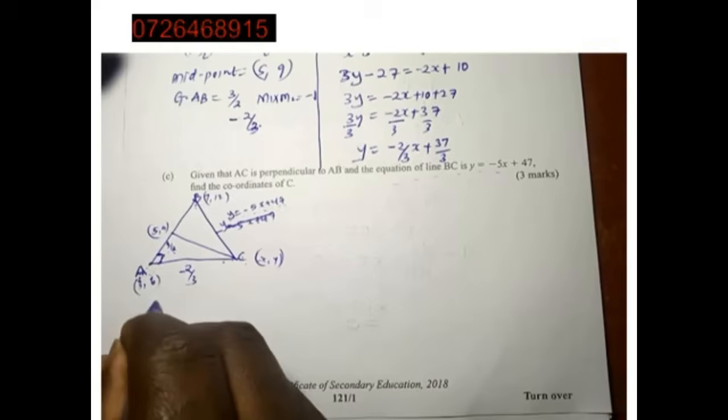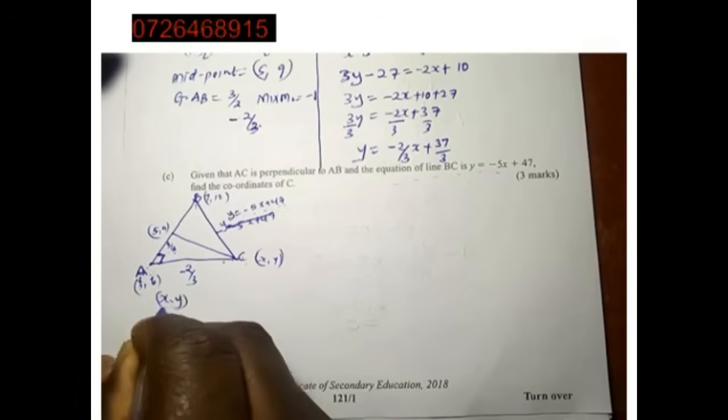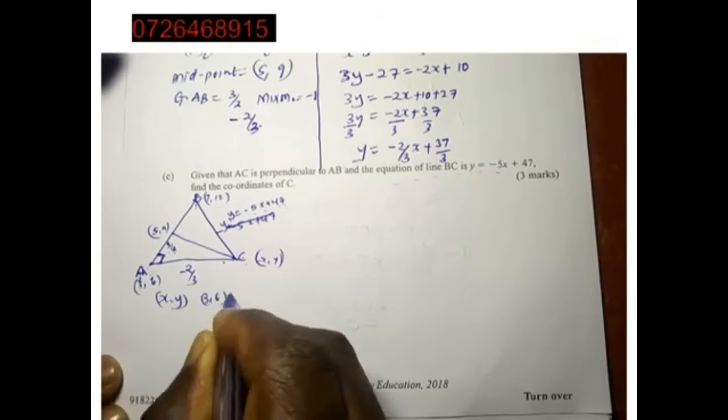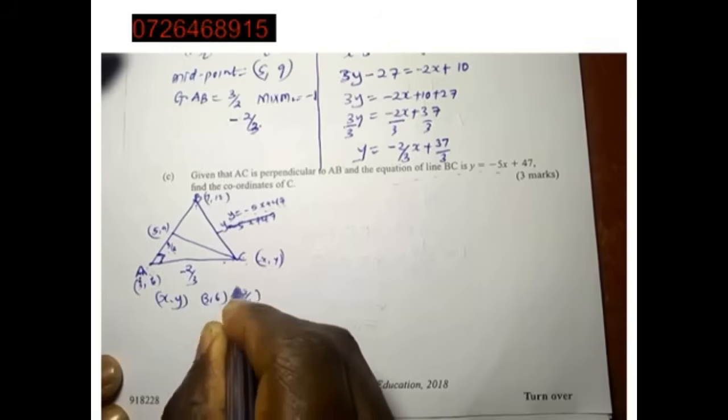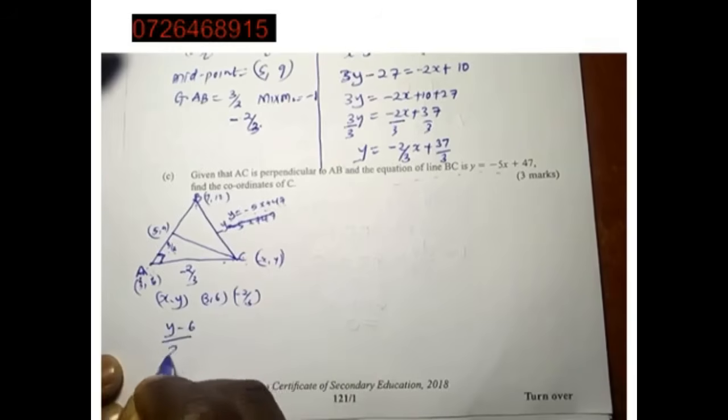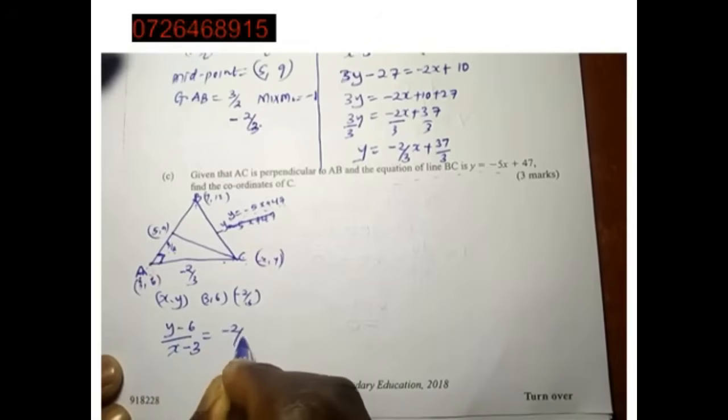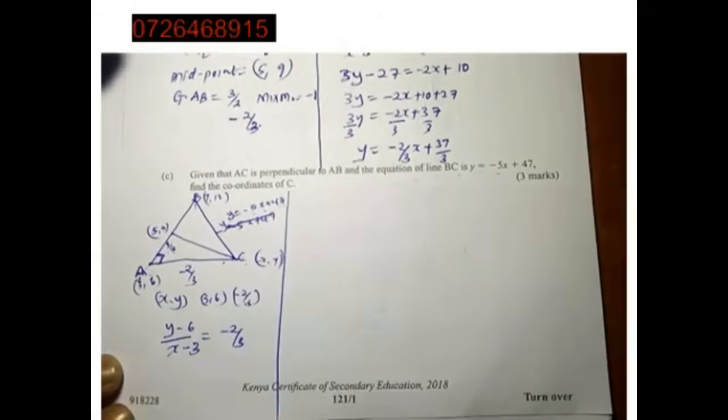Equation of AC: we use x, y, 3, 6, and the gradient is -2 over 3. y minus 6 over x minus 3 equals -2 over 3. So 3y minus 18 equals -2x plus 6.